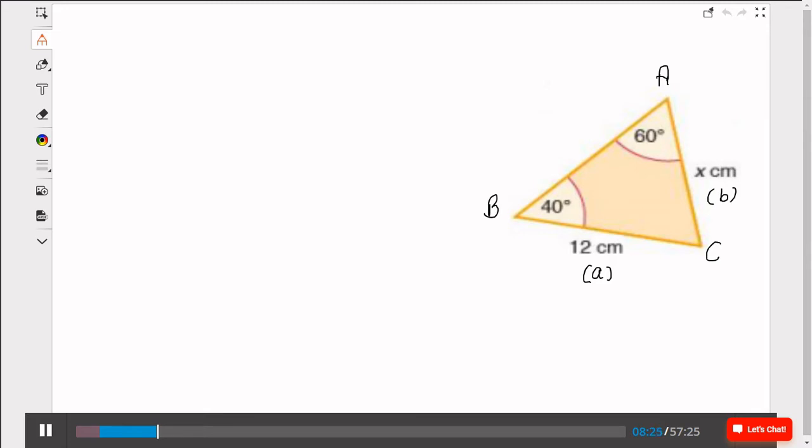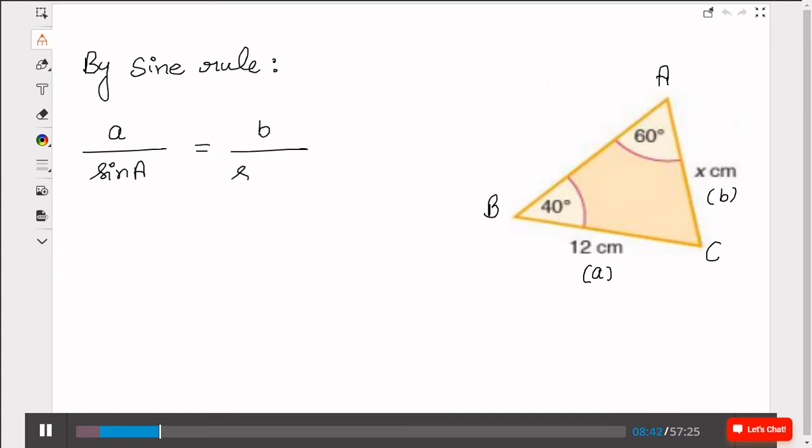By the sine rule, the formula we discussed was A over sine A, B over sine B, C over sine C. Now it's useless to take the third side, C over sine C, so it's sufficient if you only take this much.